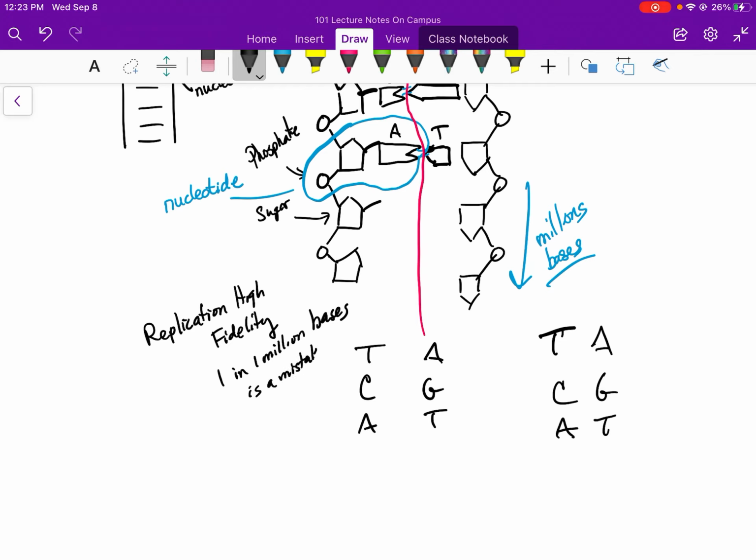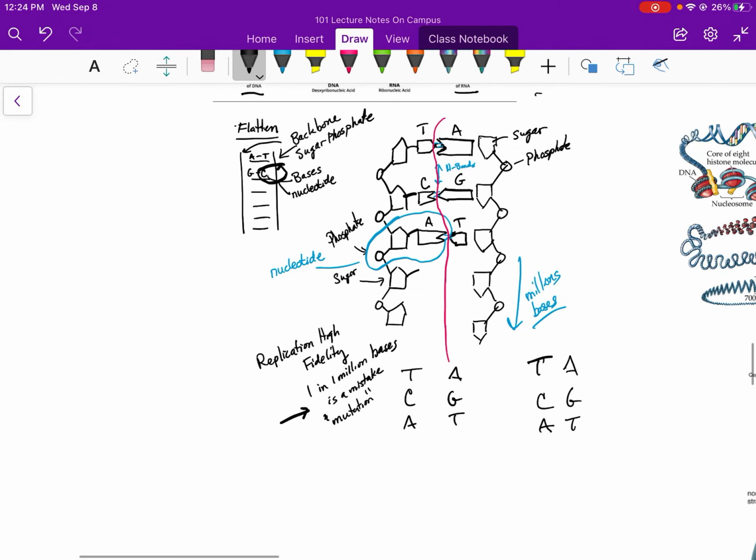So if you think about, for example, if you run a zipper, how many zipper pieces can you zip before you have an accident and you actually zip in one that's the wrong shape or doesn't fit? And that happens about 1 in a million times in DNA replication, and we call that a mutation. All right. However, it's very rare, but it does happen. Since you have billions of bases, eventually it does happen.